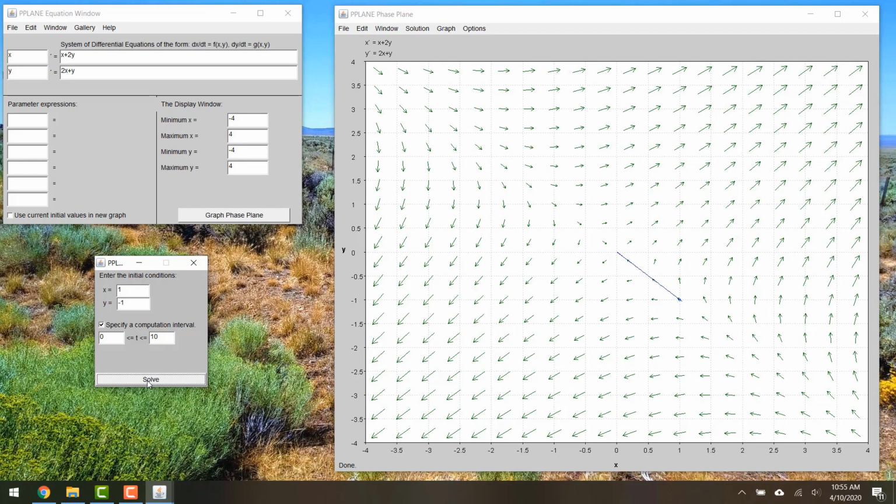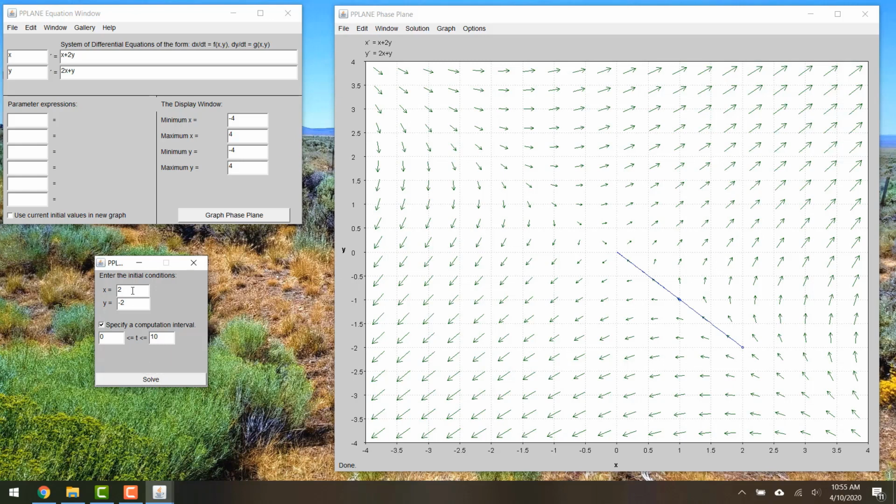Now what happened here is you're seeing just a little line segment. That's because we started at the point 1, -1, and then the solution simply rode a line segment right into the origin. If you start anywhere on the line that is in the same direction as the vector 1, -1, for example 2, -2, and then say solve, you're just going to start a little bit further away but still ride the same line segment back to the origin.